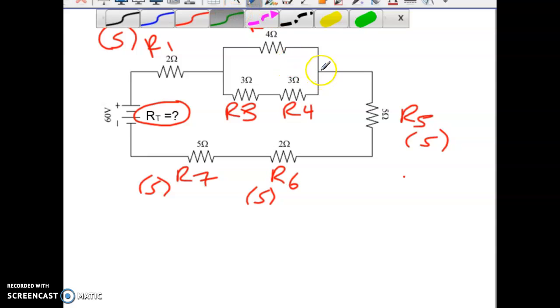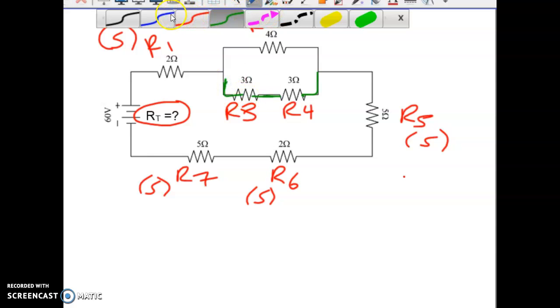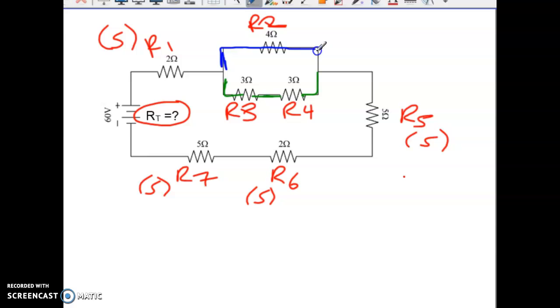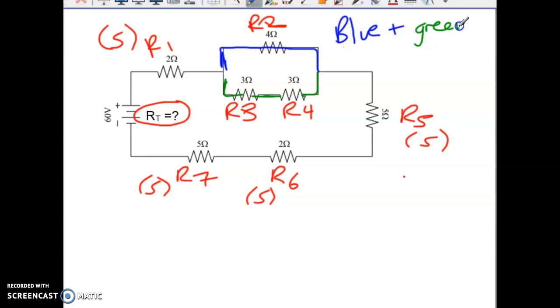However, here, when we have the fork in the road, there are two paths. So we have the blue path and the green path. So the blue path and green path are parallel to each other.